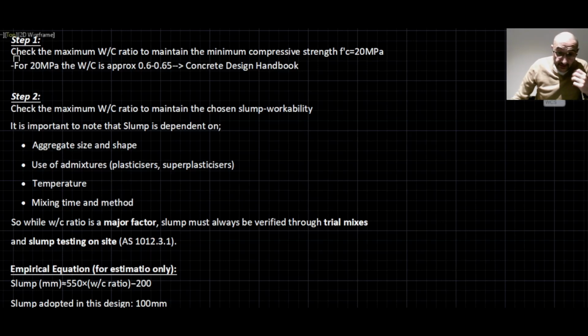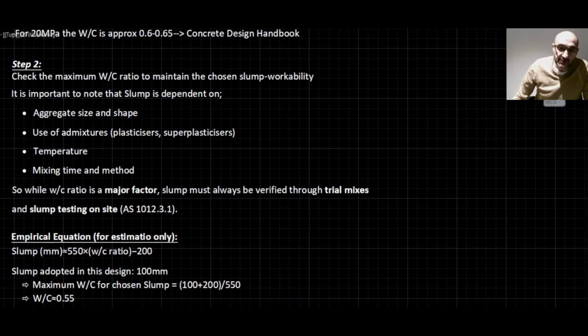That makes a difference, and the method involved. So the water cement ratio is a major factor, and slump must always be verified through trial mixes and slump testing on site. If you're in Australia, you can refer to AS 1012.3.1.